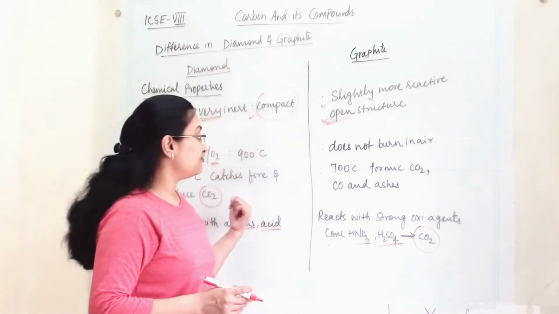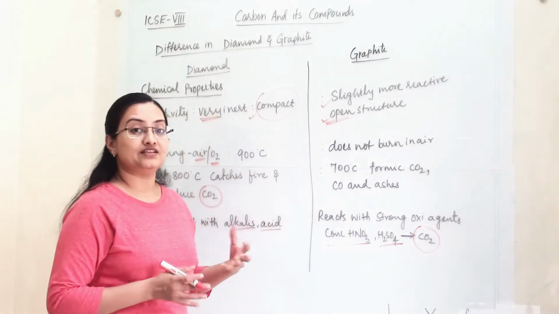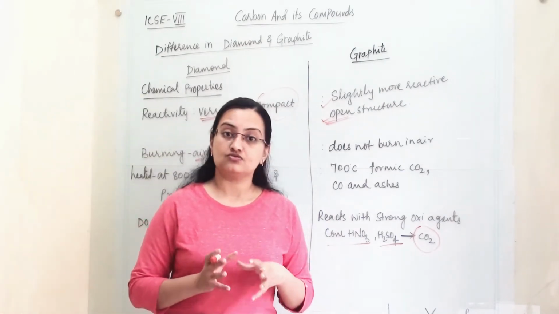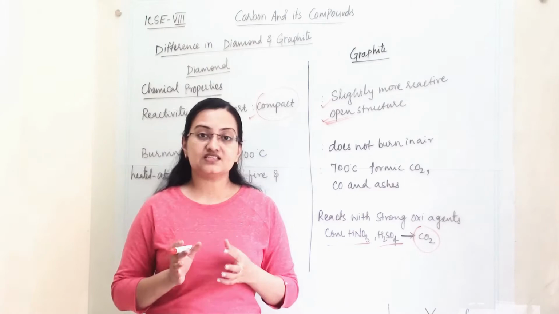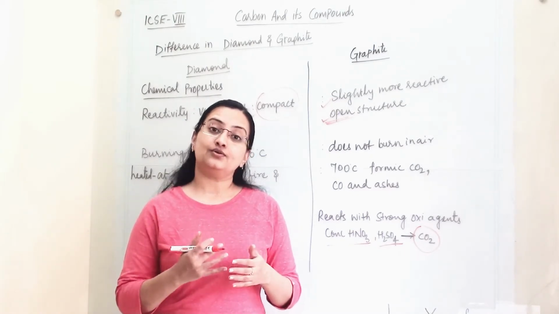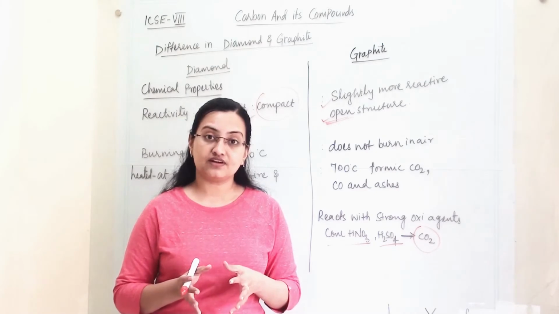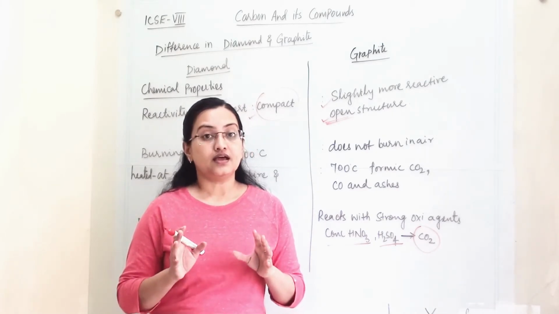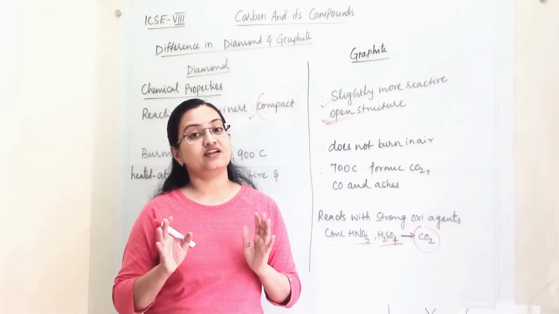So this difference is also based on their structure. Diamond has a very compact structure, so it is very inert, whereas graphite has a layer structure. The layers are held together by weak van der Waals forces of attraction, it has low density, and carbon atoms of different layers are at a far distance.